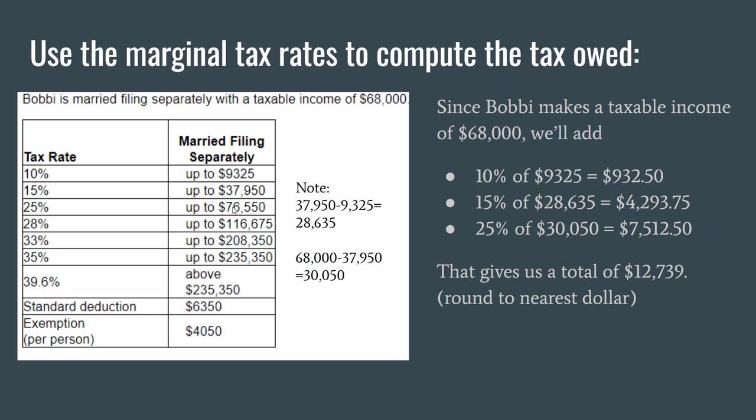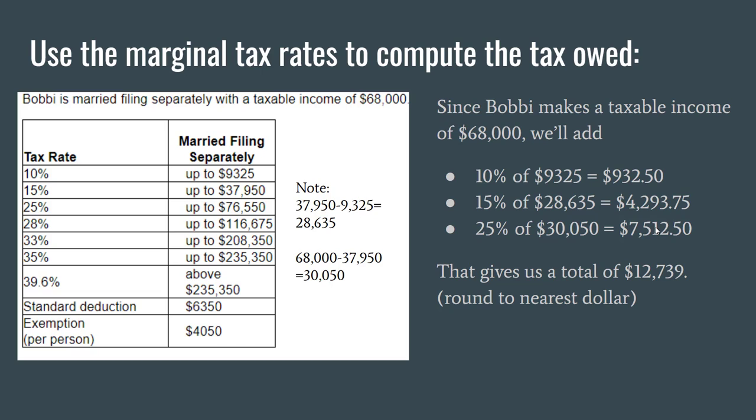Therefore, we take Bobby's taxable income, $68,000, minus the highest value in the previous tax bracket, $37,950, and that gives us $30,050. Since we're in that third row, we're going to take 25% of that, which gives us $7,512.